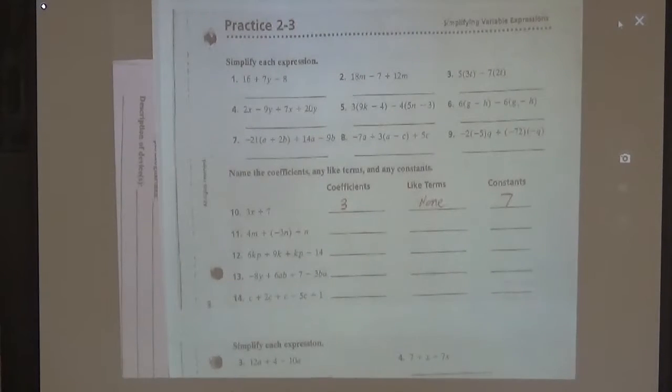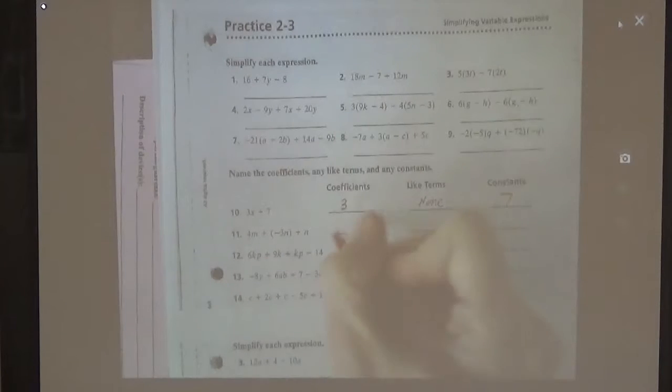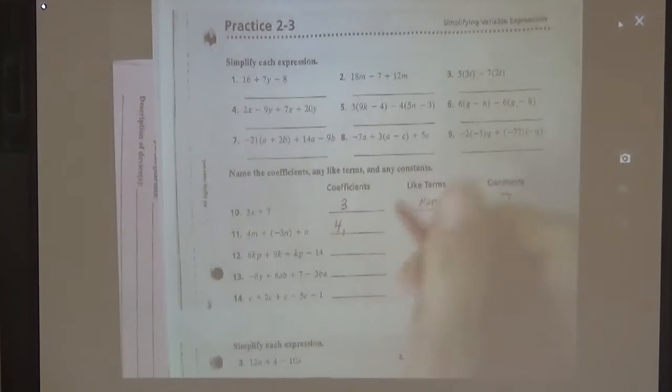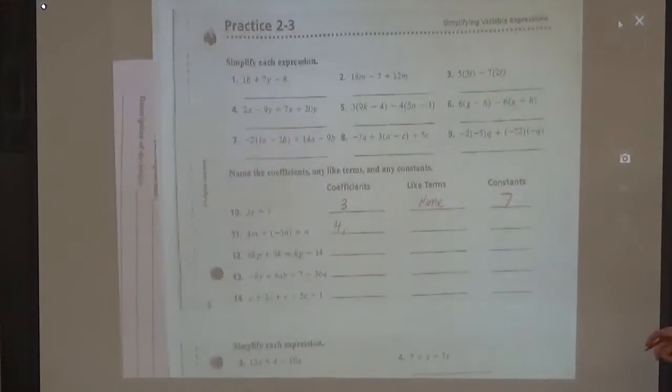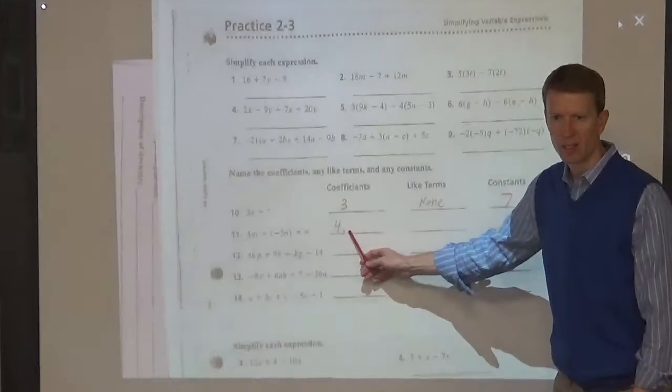Okay? Let's go to number 11. Coefficients in this expression: 4m plus negative 3n plus n. 4 is a coefficient because that says 4 m's. So put 4 as one of them. Krista?